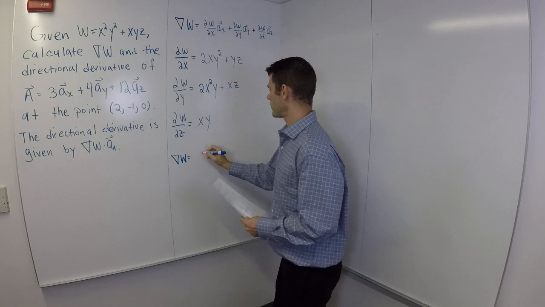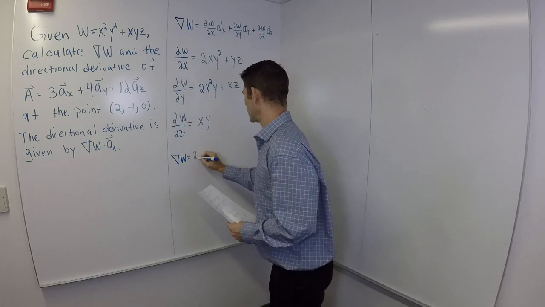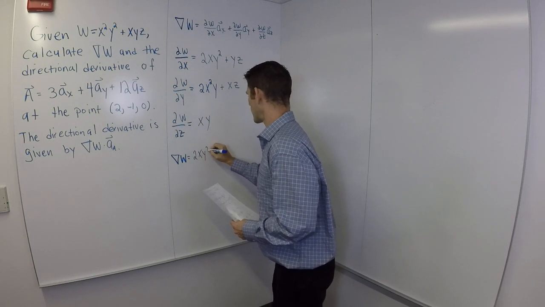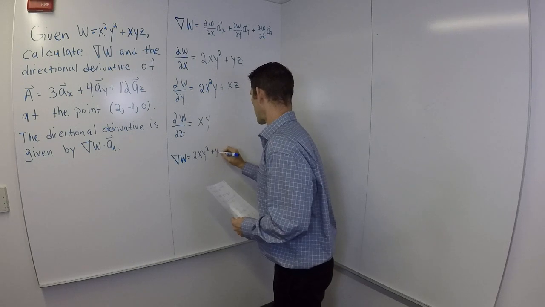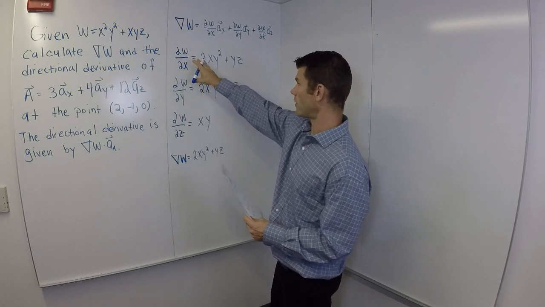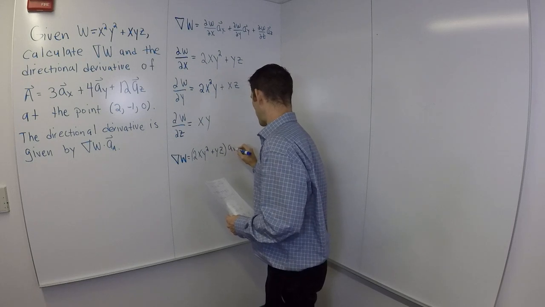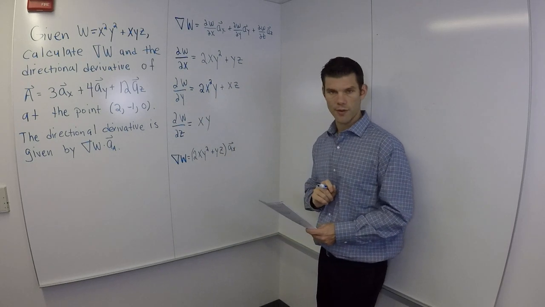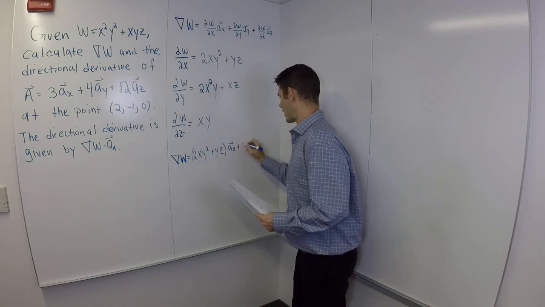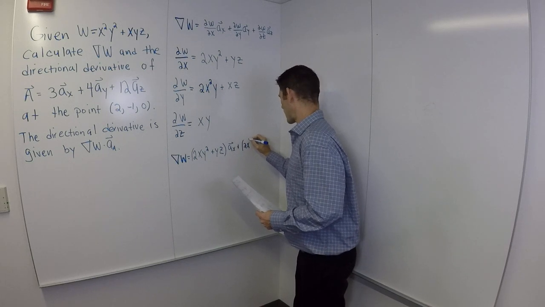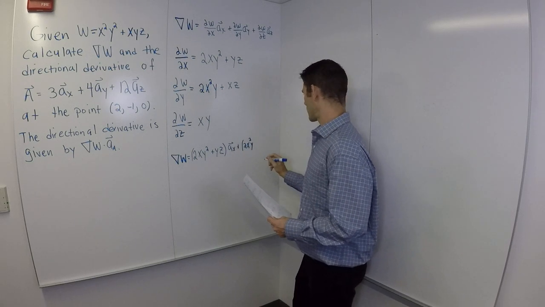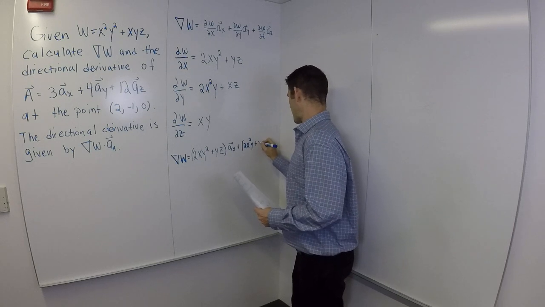Like I said, this is in itself a vector. So we have 2x y squared plus yz. That's the partial of x. So we multiply that by the unit vector in the x direction. And then we're going to have 2x squared y plus xz.